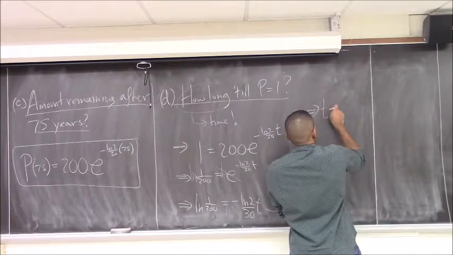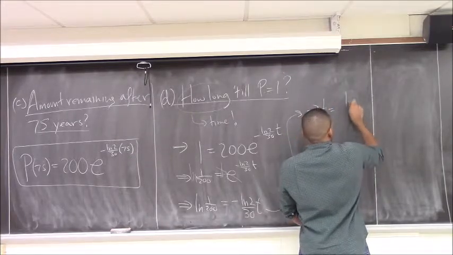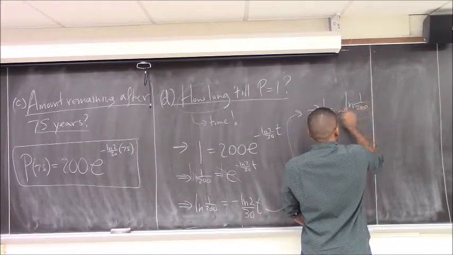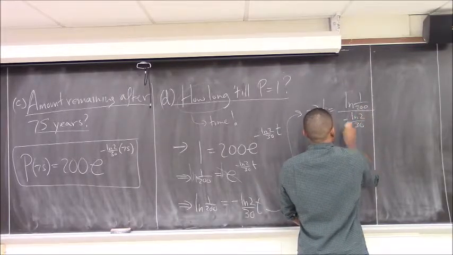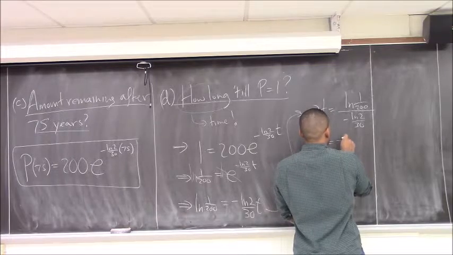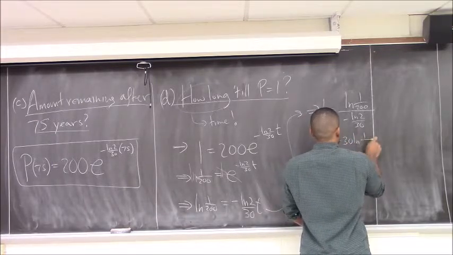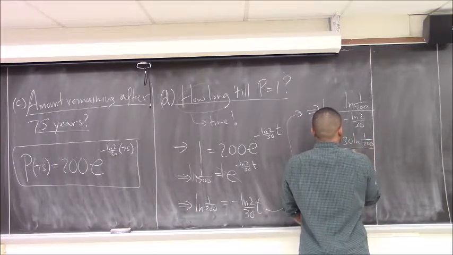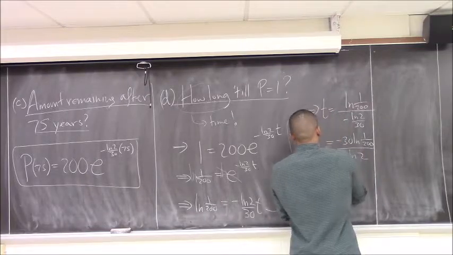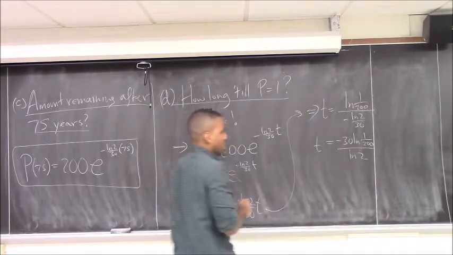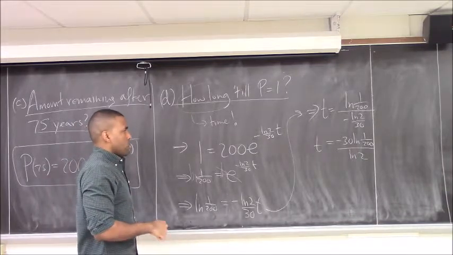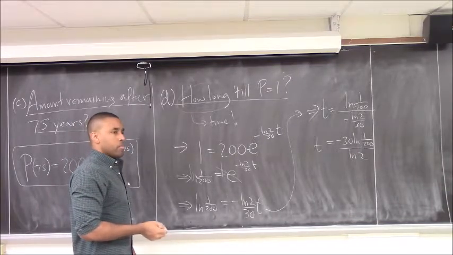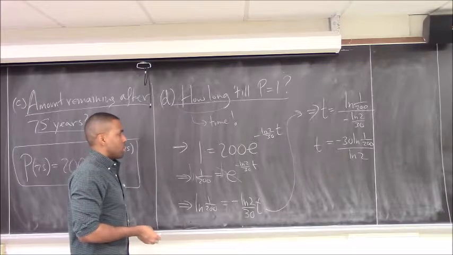So my t would be ln of 1 over 200 divided by minus ln 2 over 30, so it's minus 30 ln of 1 over 200 over ln 2. Wait, is that okay? Can we have negative time? Is that negative or are we okay?